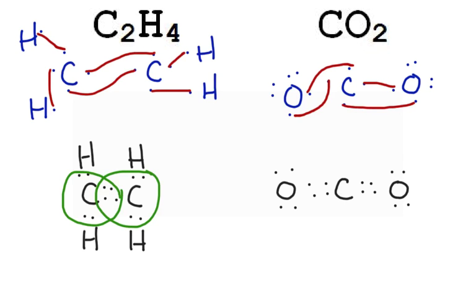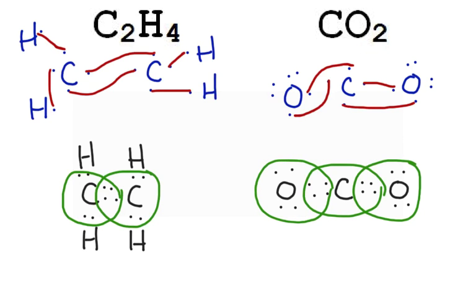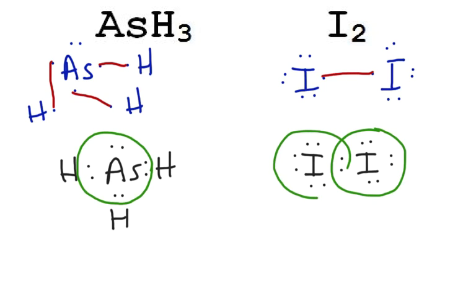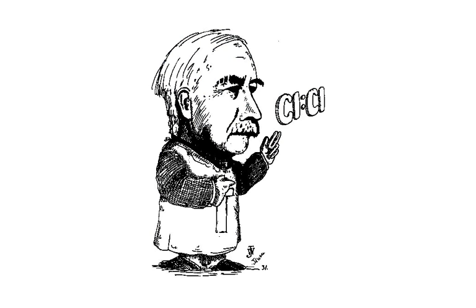Now even with our 2 sets of double bonds, the oxygen here is near 8, the carbon is near 8, and this oxygen is near 8. Everybody follows the octet rule. Arsenic is near 8, and each of these iodines is near 8.